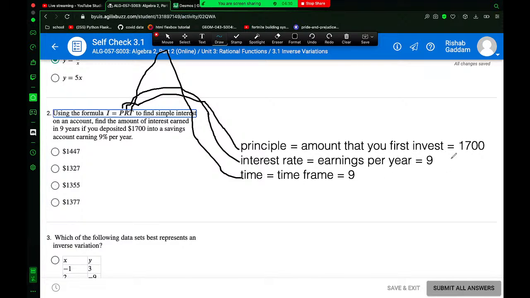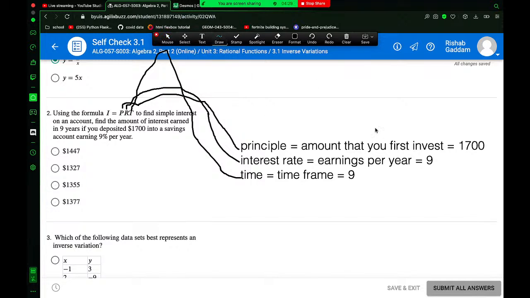Now you just multiply all 3 of these together. How is this related to rational functions? Because there's fractions and stuff. I guess, I don't know.